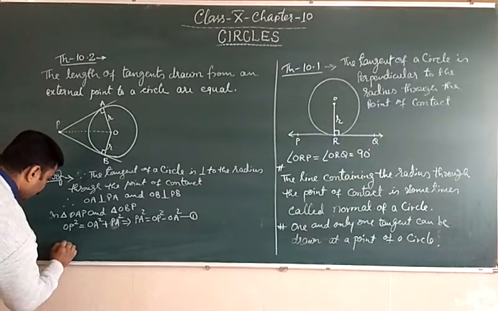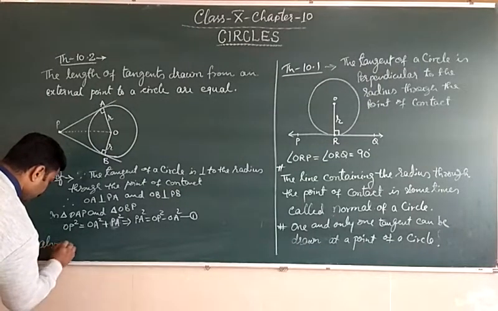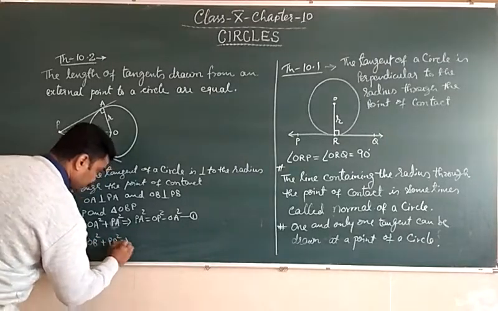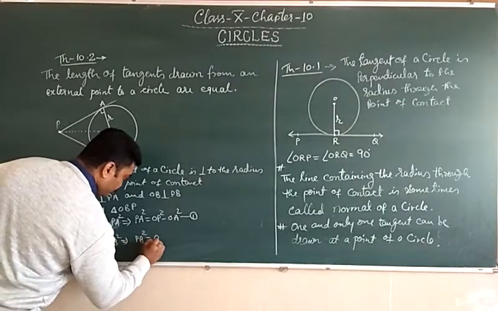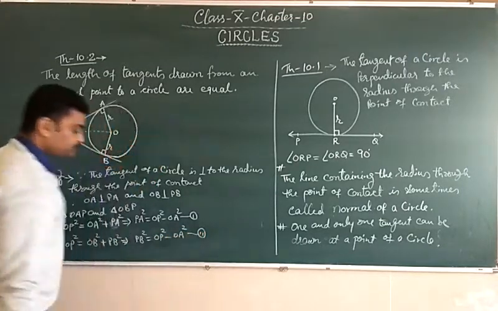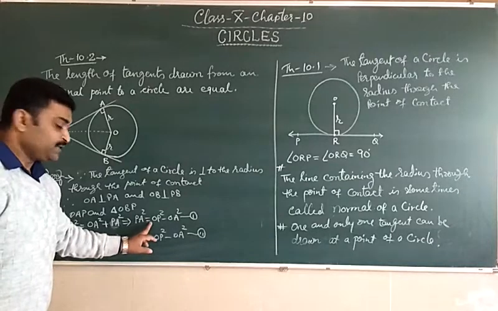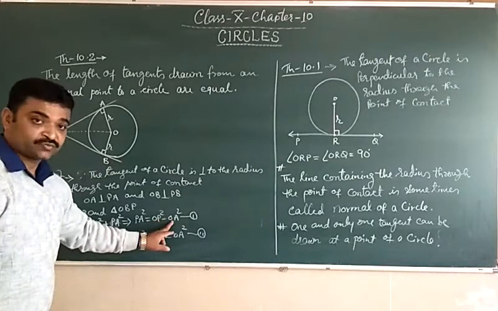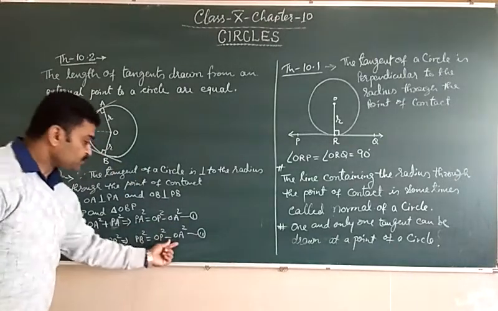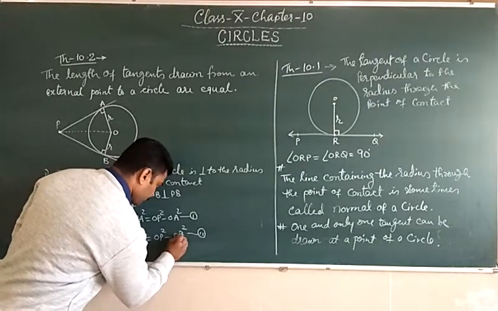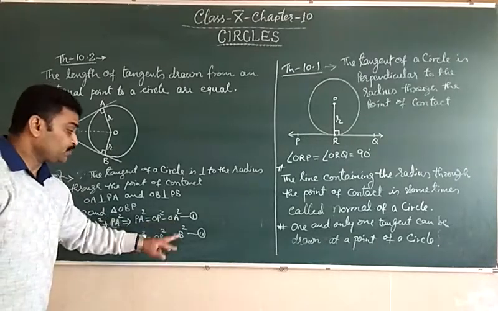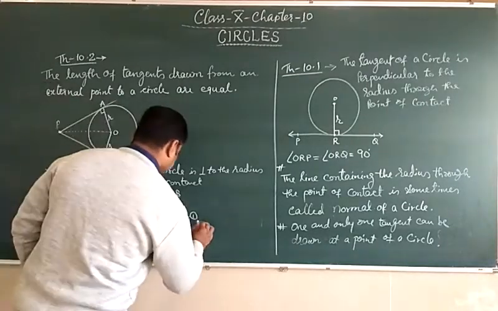Similarly, OP square is equal to OB square plus PB square. This implies PB square is equal to OP square minus OB square, equation number 2. See, PA square is equal to OP square minus OA square. And what is OA? OA is the radius and similarly OB is the radius. So in place of OA or OB, we can write OB or OA.